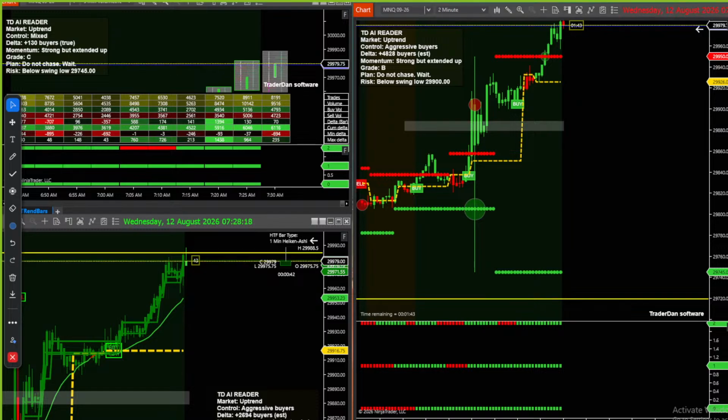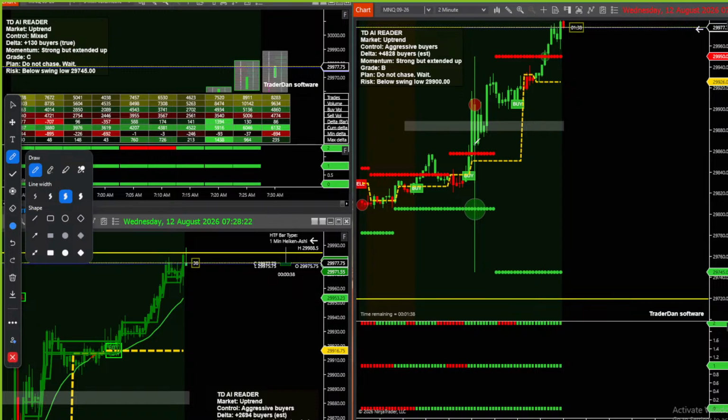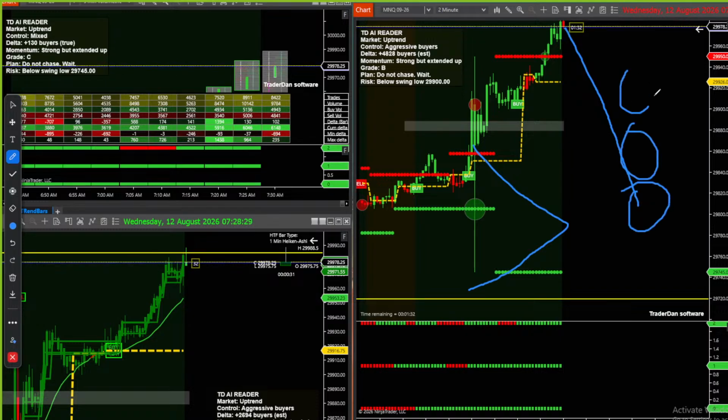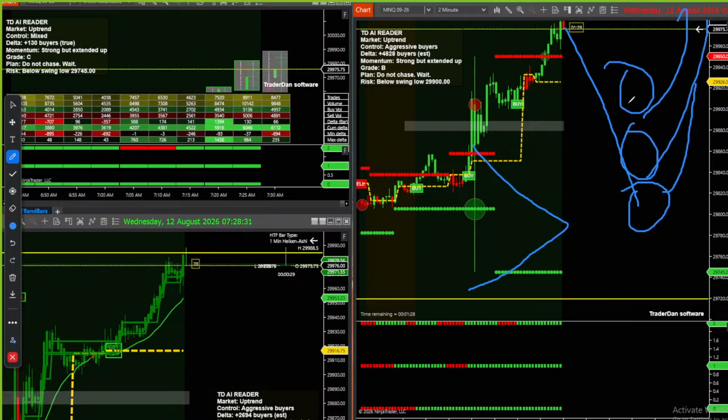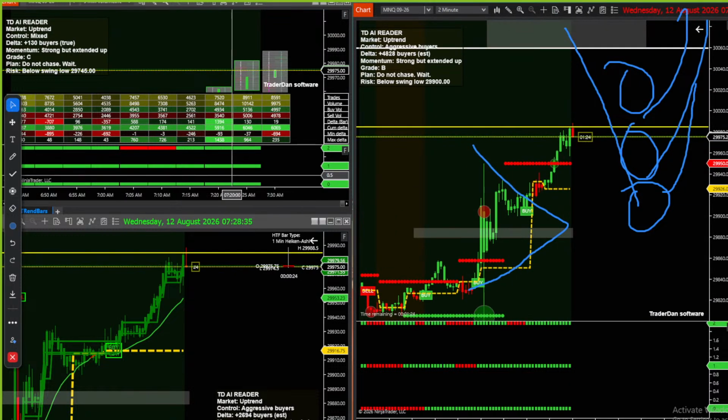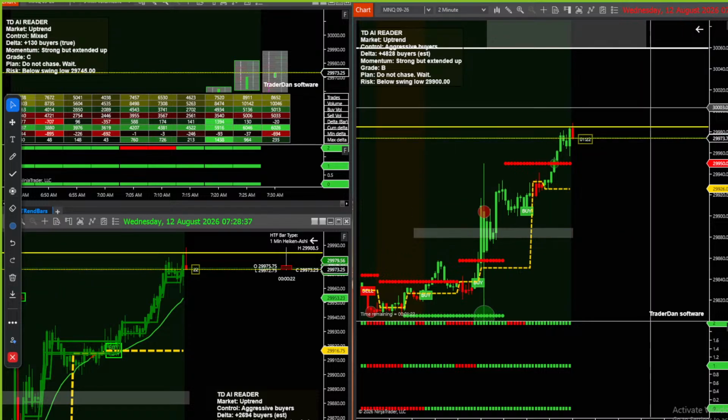In reality, they don't have to come back down here. I would like to see them come down here before we get into those longs. But the macro event is up here, and we may just shoot right up to the macro event.